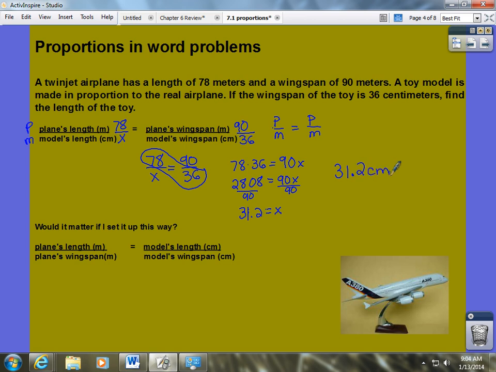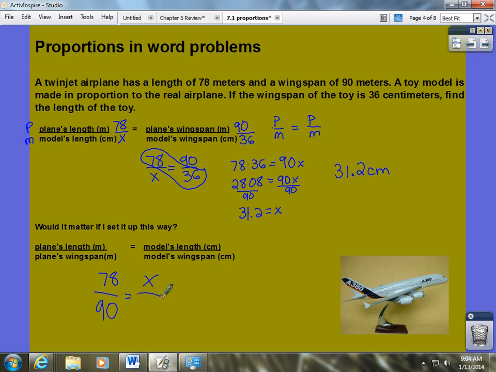Now, would it matter if I set it up this way, with the plane's length over the plane's wingspan equals the model's length over the model's wingspan? Well, let's see. The plane's length is 78, and the plane's wingspan is 90. The model's length, I don't know, and the model's wingspan is 36.